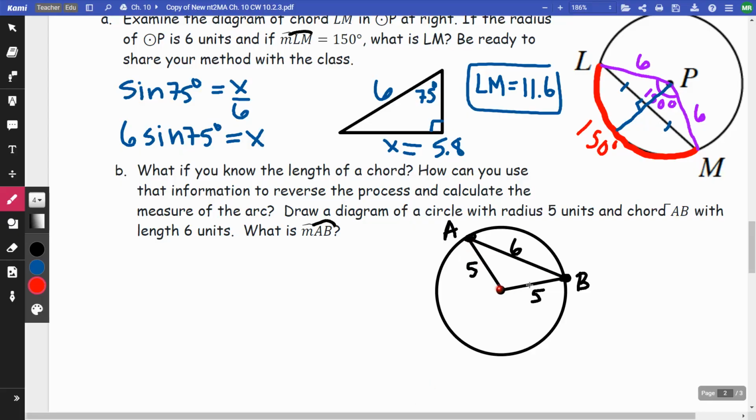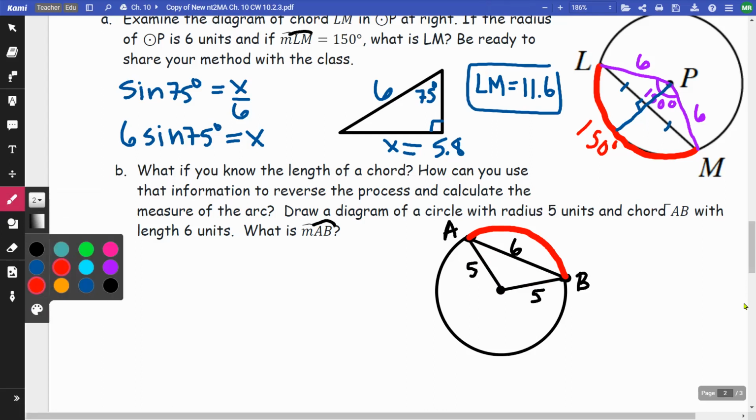We have a circle with radius 5. We have a chord AB that has a length of 6, and we are asked to find this arc measure.